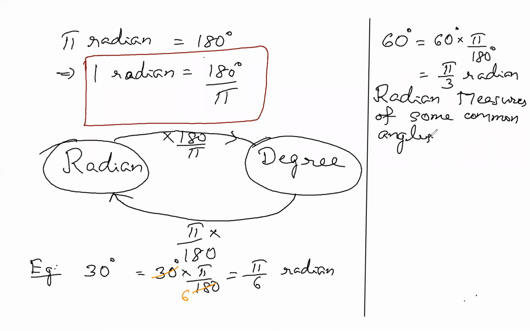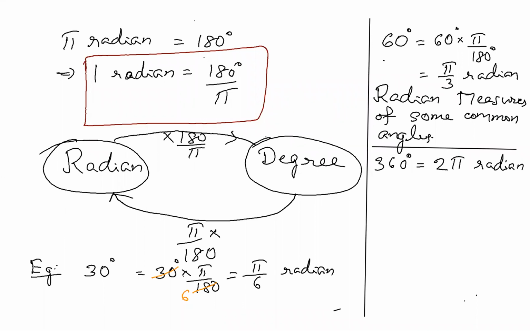Number one, 360 degree. Already we studied that. What is a 360 degree in a radian measure? A 360 degree is a 2 pi radian.